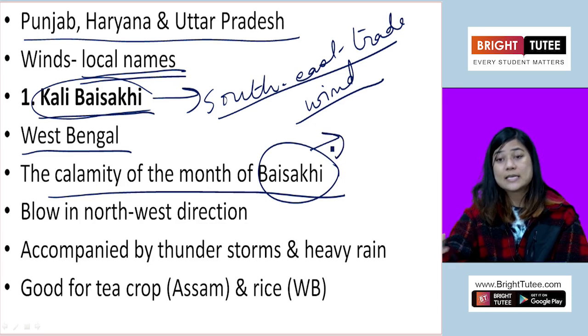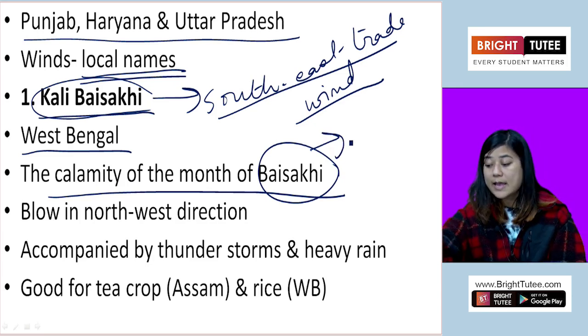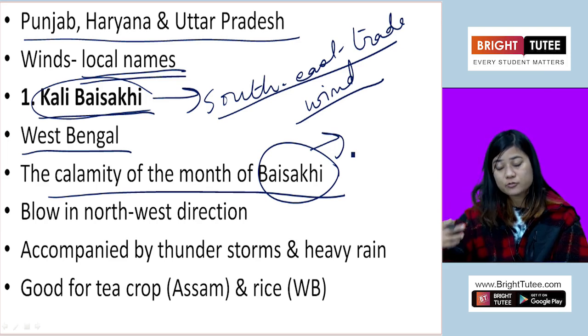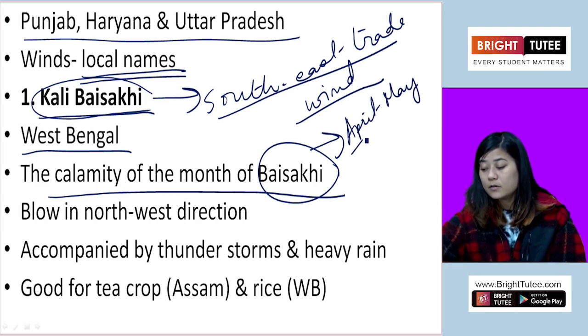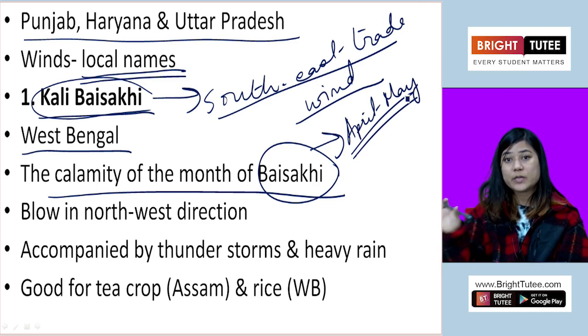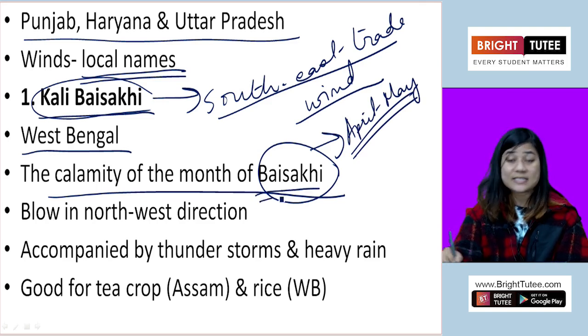So Baisakhi is the name of the month, the local name of the month, and it refers basically to the English months of April and May. The time between April and May is Baisakh.